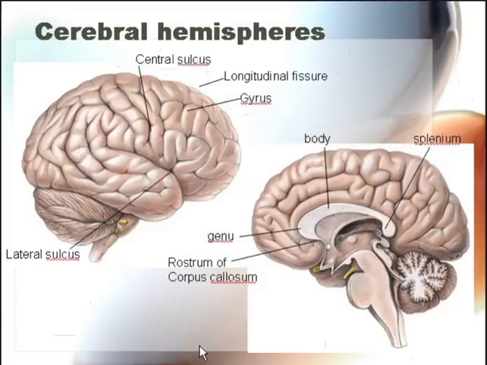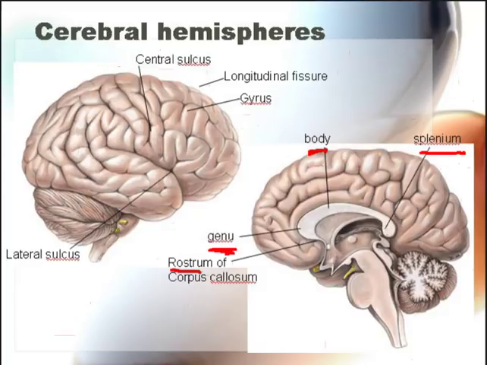The anteriormost part, which is here, is known as the rostrum of the corpus callosum. Then this corpus callosum bends, and where it bends, that area is known as the genu, which is followed by the body. And then at the posteriormost part, you have a rounded projection which is known as the splenium.